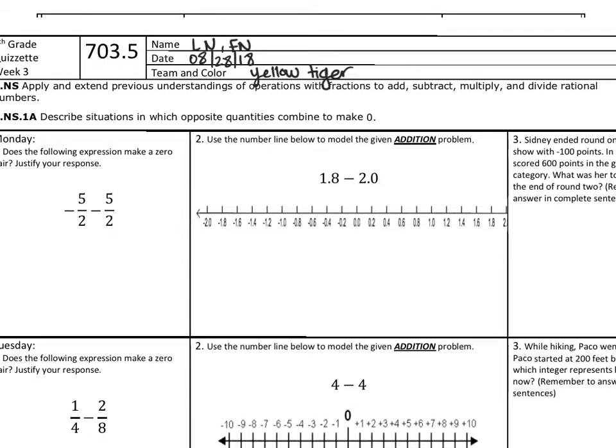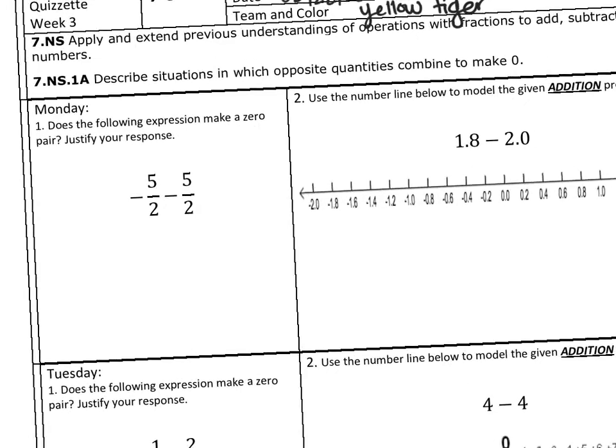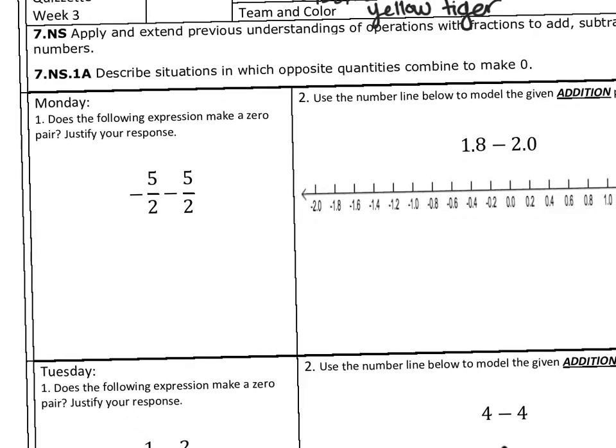On number 1 of each day, it's going to ask you to add or subtract fractions. When you're adding or subtracting fractions, please make sure that you have the same common denominator. Some of you would look at number 1 and automatically think that that's equal to 0, but that is not true.